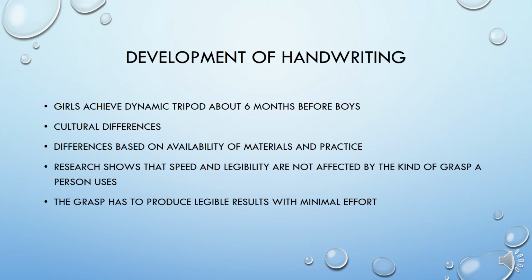There are certainly also cultural differences between when kiddos develop mature writing grasps. Also, I want to say that the research has shown us that speed and legibility are not affected by the kind of grasp that a person is using. So we have to realize that there is a large variety of quote-unquote normal grasps.